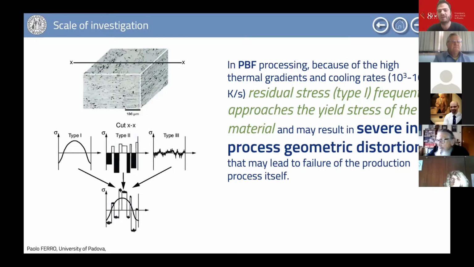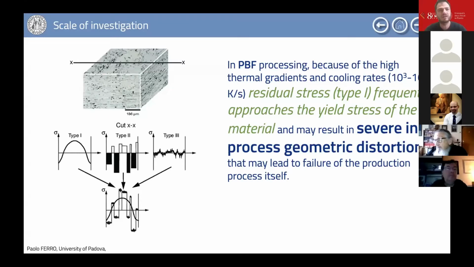In general, we can say that in welding and in additive manufacturing, we have very high thermal gradients that induce high, non-uniform plastic deformations, thermal deformations. So in general, we observe residual stresses that approach or really reach the yield stress of the materials.